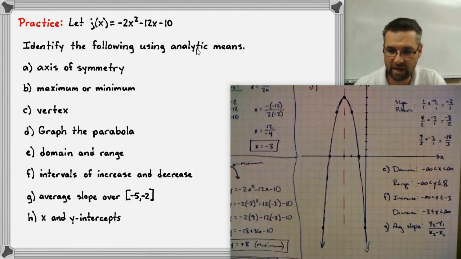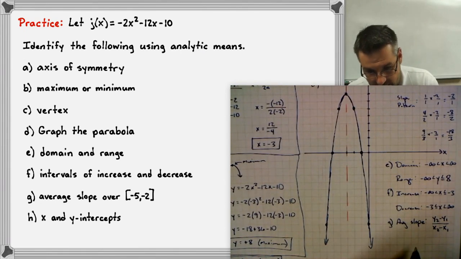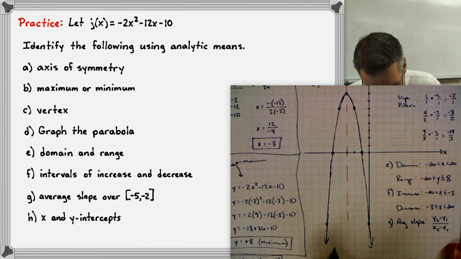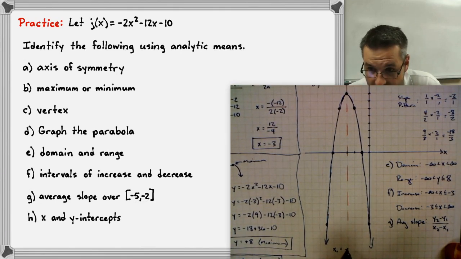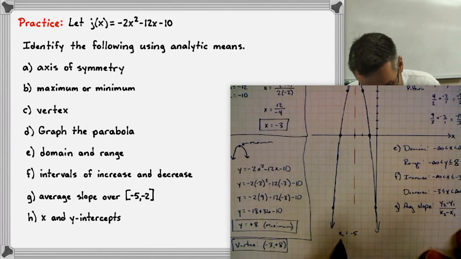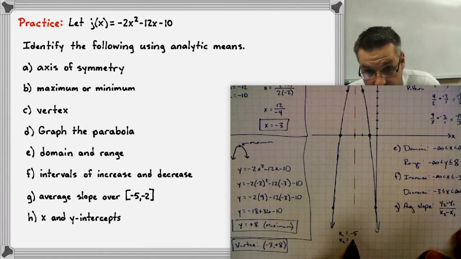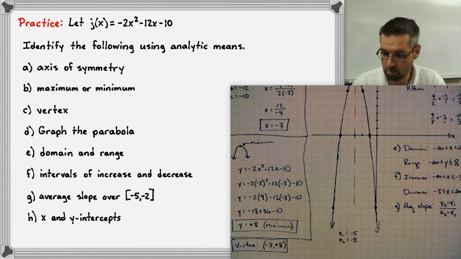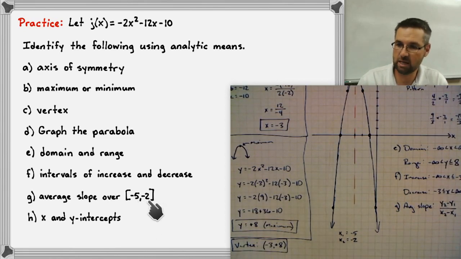Now the interval that it gave me was negative 5 to negative 2. Well, what does that mean? That means x1 is negative 5 and x2 is negative 2. Right? These are both x values. This is an interval, x1 to x2.